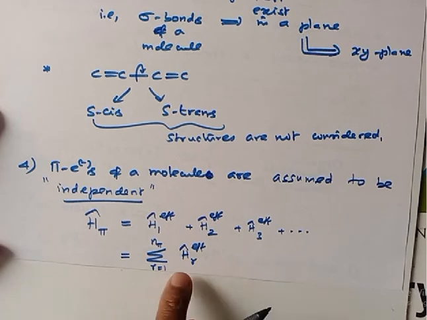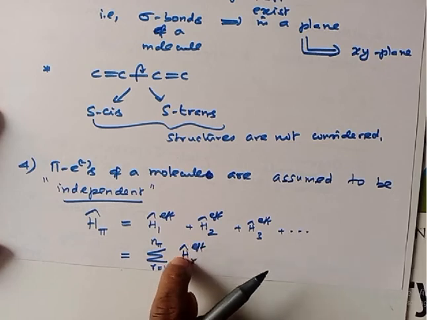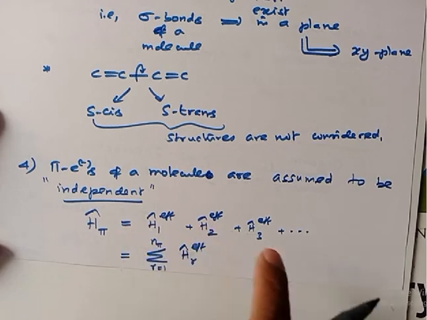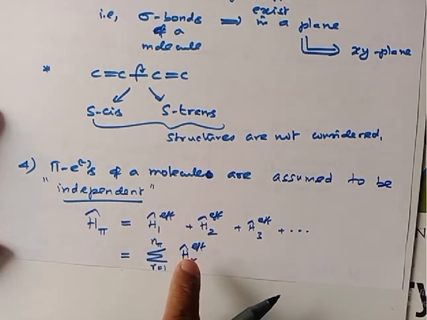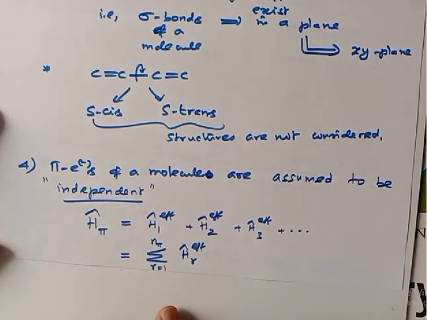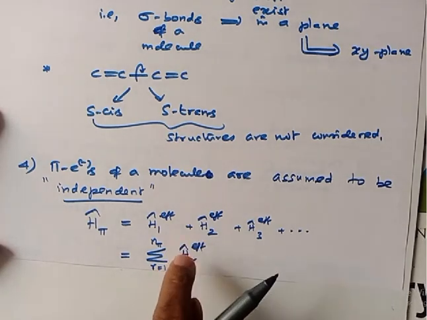I repeat, why is it called effective? Because this Hamiltonian involves the interaction of all the sigma electrons, all the nuclei and all non-bonding electrons with that pi electron. All those things are incorporated here. That is why it is called the effective one electron Hamiltonian.